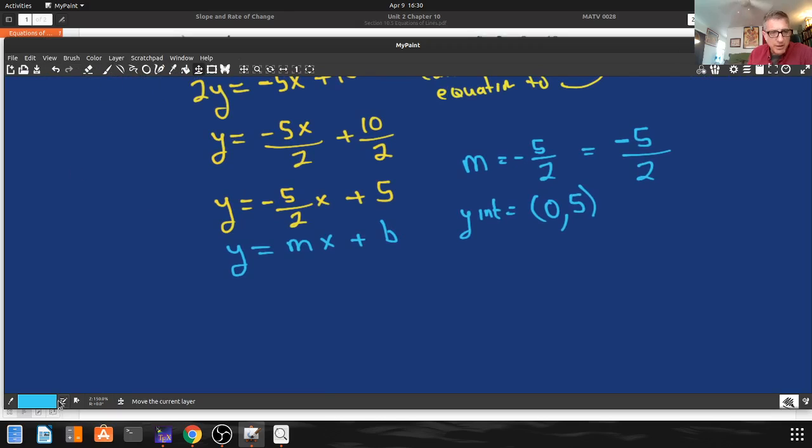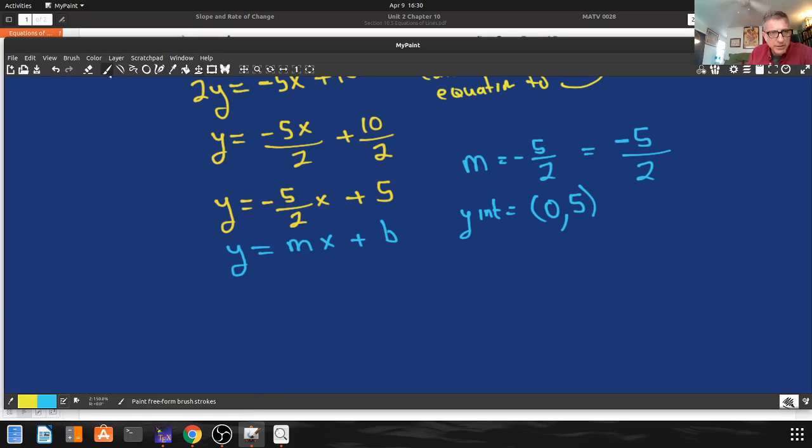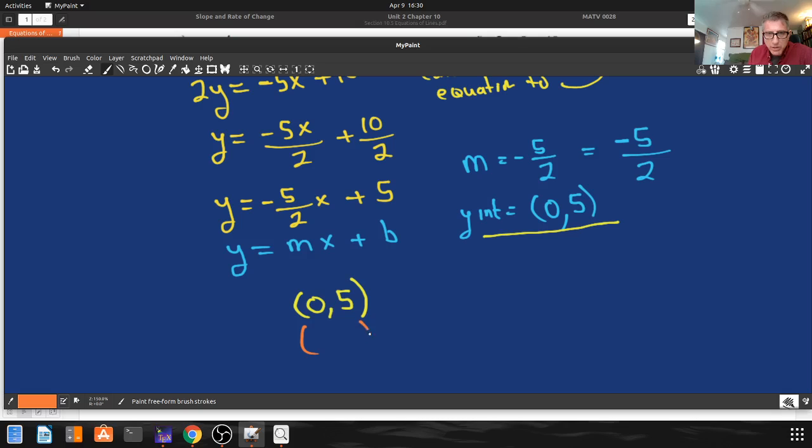So let's find another point. I start with my given point, which is my y-intercept point. Like I said before, it could be any point, but in this case, this is the point we are given, so we're going with it. Now I create my adder point from the slope. The 2 is my x value, and my minus 5 is the y value.